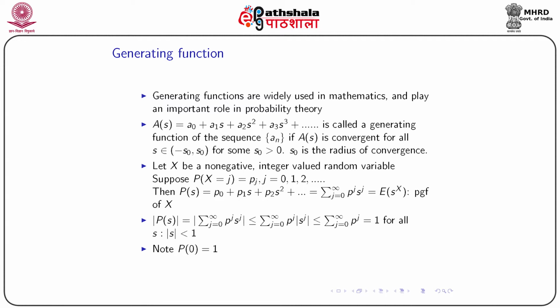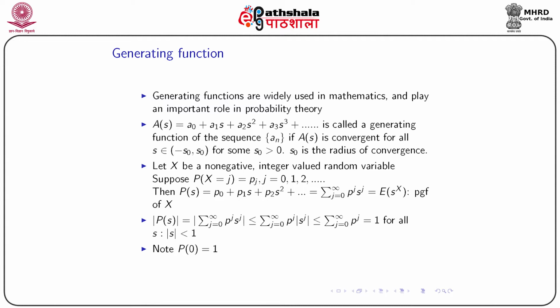Now if I take the modulus value of P(s), mod P(s) is the sum over j from 0 to infinity p_j s to the power j, and if I take the modulus within the summation, then the quantity will be bigger, so it is the sum over j from 0 to infinity p_j mod s to the power j, and this is less than or equal to the sum of p_j over j from 0 to infinity, that equals 1.